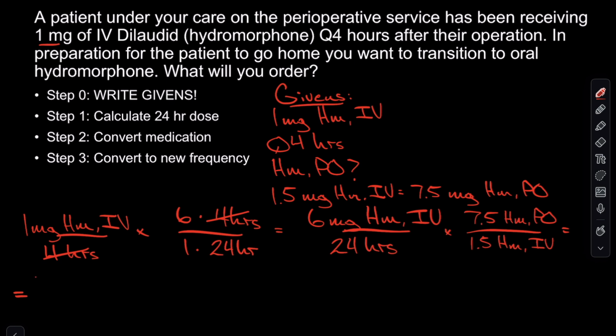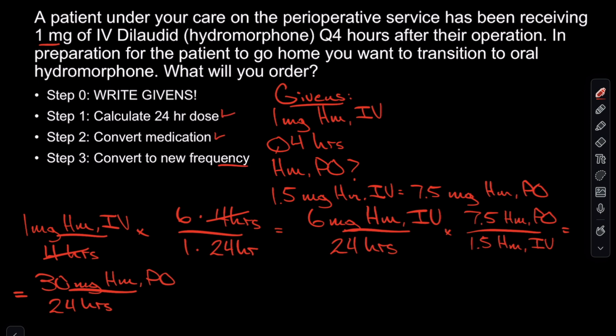So if we run that really quick, 6 times 7.5 is 45, divided by 1.5 is 30. So 30 milligrams hydromorphone PO per 24 hours.